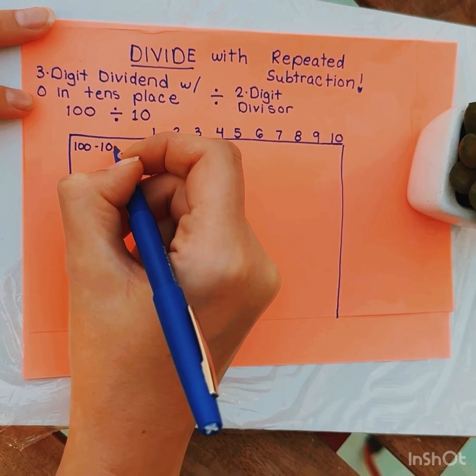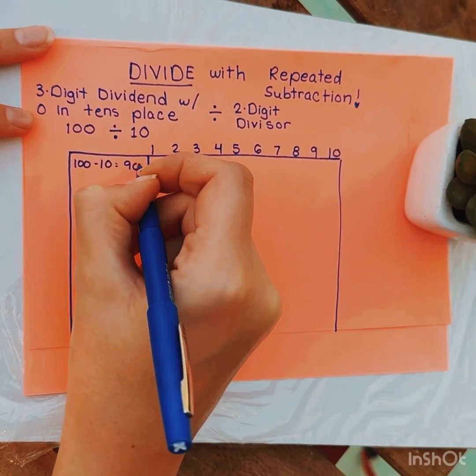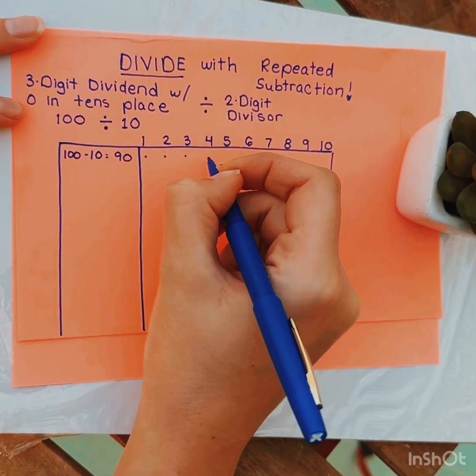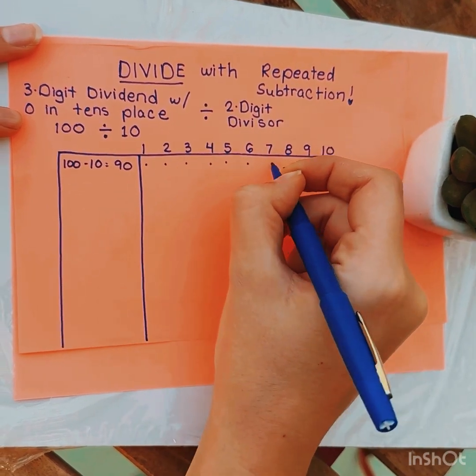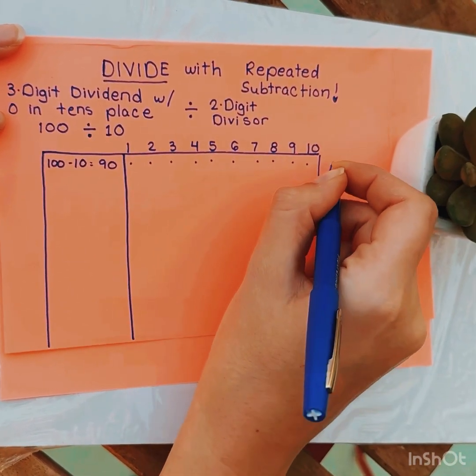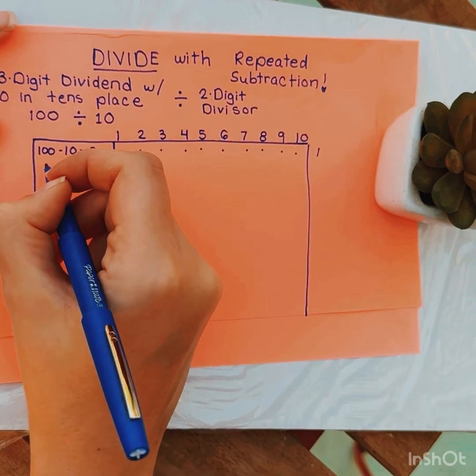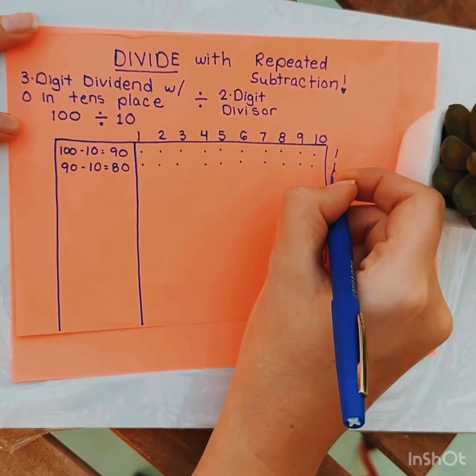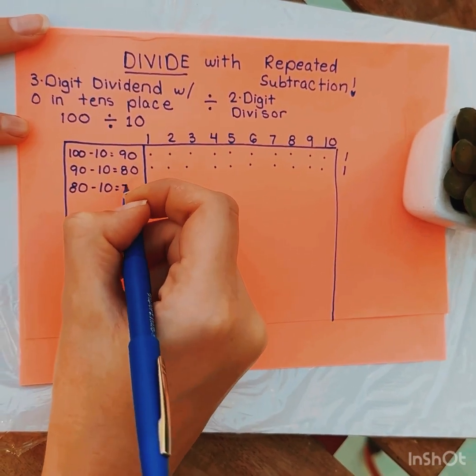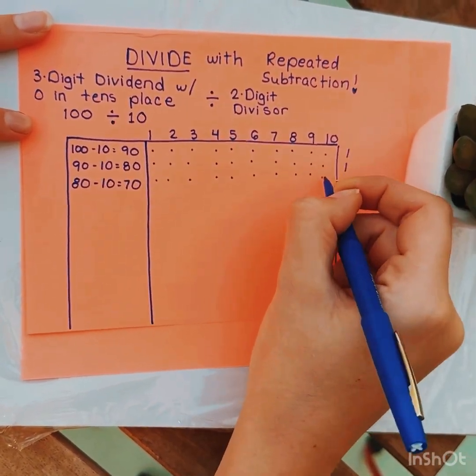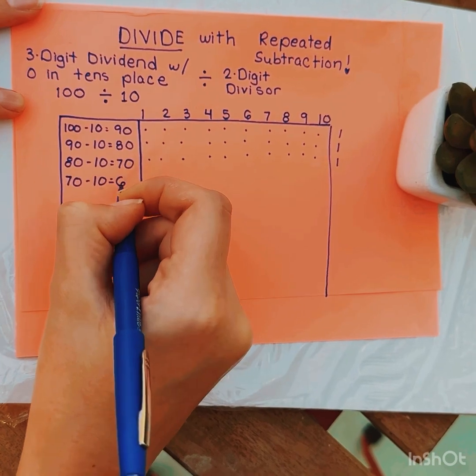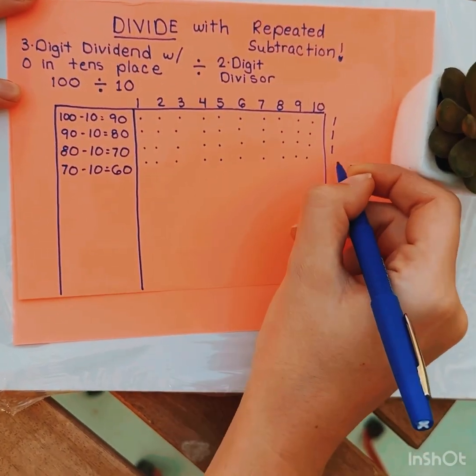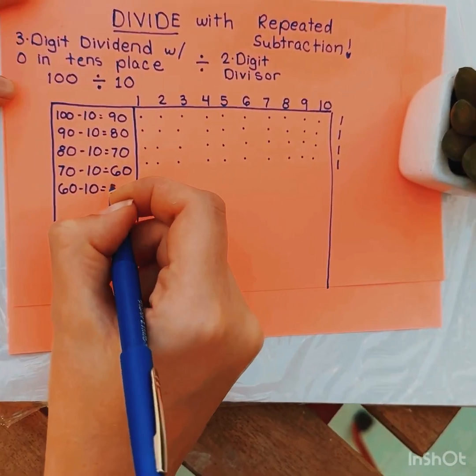Well, we start by subtracting the 100 cards minus the first group of 10, and that leaves us with 90. We subtracted 10 because so far each player would have gotten 1 card, and then we make a tick to represent that group of 10. Then we repeat that subtraction problem over and over until all groups of 10 are accounted for.